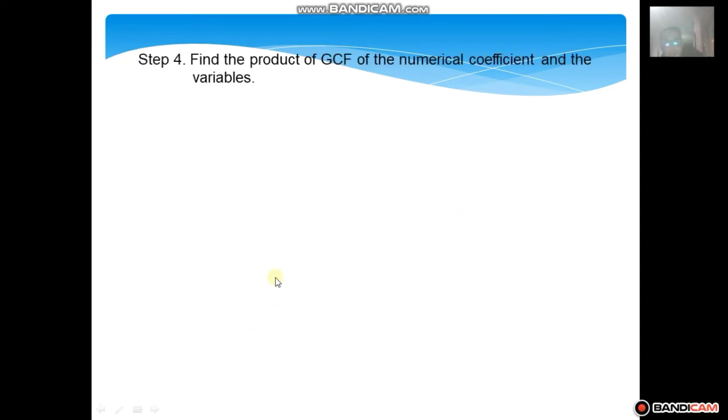Now the next step, find the product of the GCF of the numerical coefficient and the variable. Meaning to say, we will multiply the two. This is the GCF of the numerical coefficient, and this is the GCF of the variables. The result is 3x.